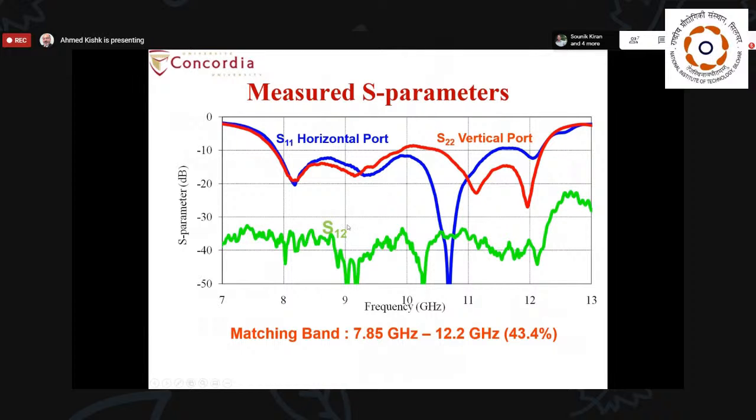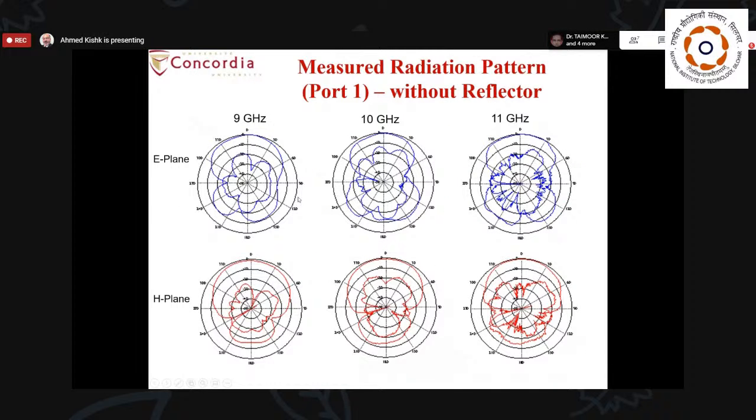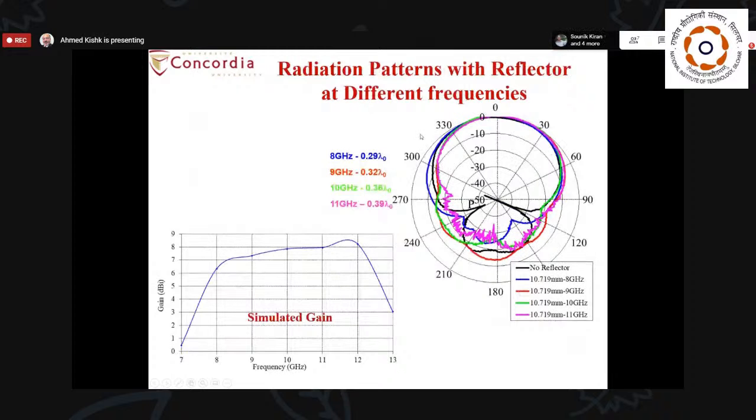So S12 and S21 are identical, and as you can see, it is less than -32 dB within the whole band. Perfect isolation between the two polarizations. And this is a sample of the radiation pattern without a reflector and with a reflector. With a reflector, you have less back radiation.